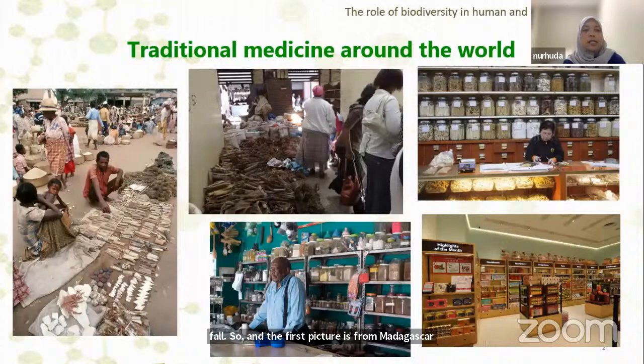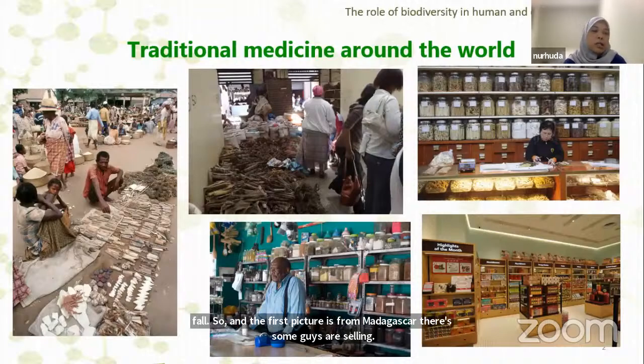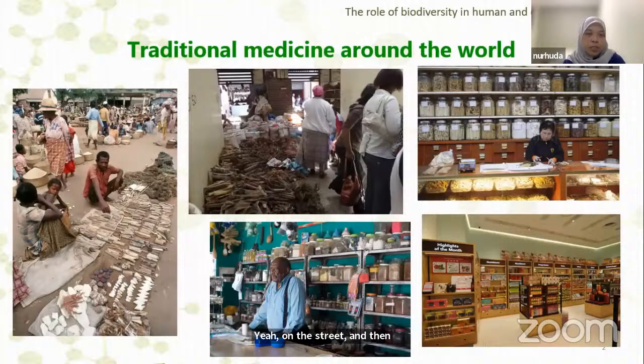There are some guys selling wood chop on a street. And then the two pictures in the middle are from South Africa. There are some shops selling raw wood, and then another shop selling properly preserved and properly shelved traditional medicinal plants.